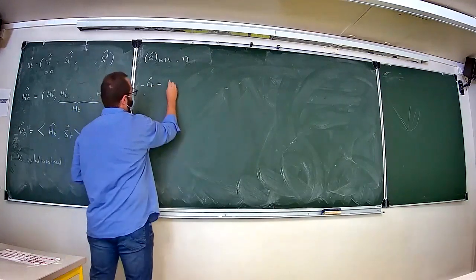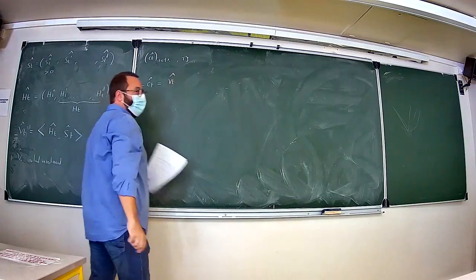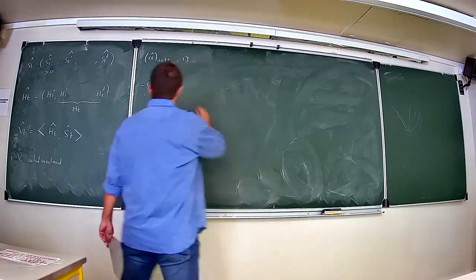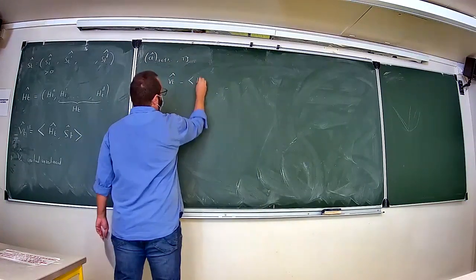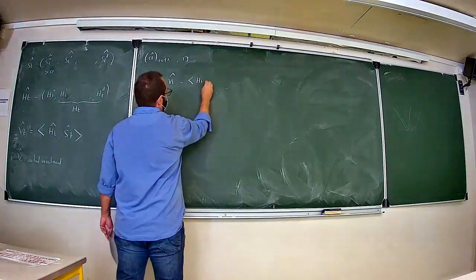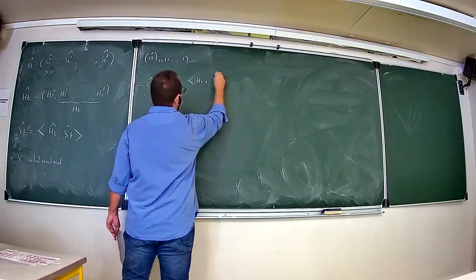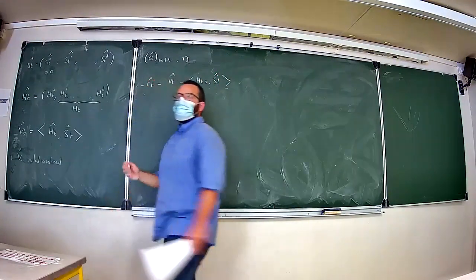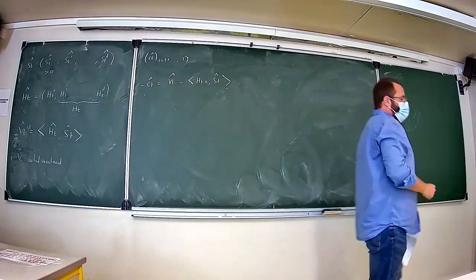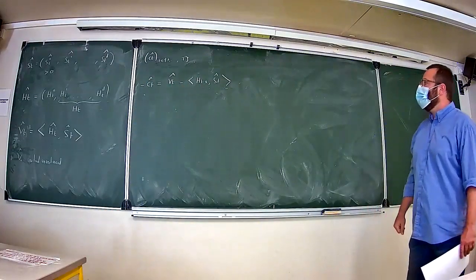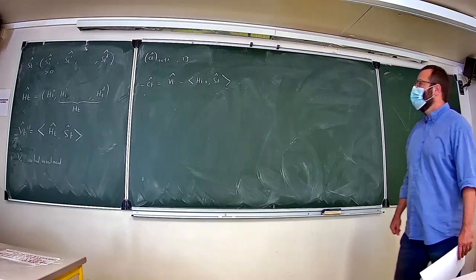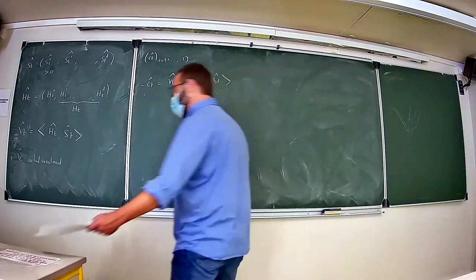Minus C_t is equal to the value of the portfolio at time t minus this one. So what is the meaning of this definition?